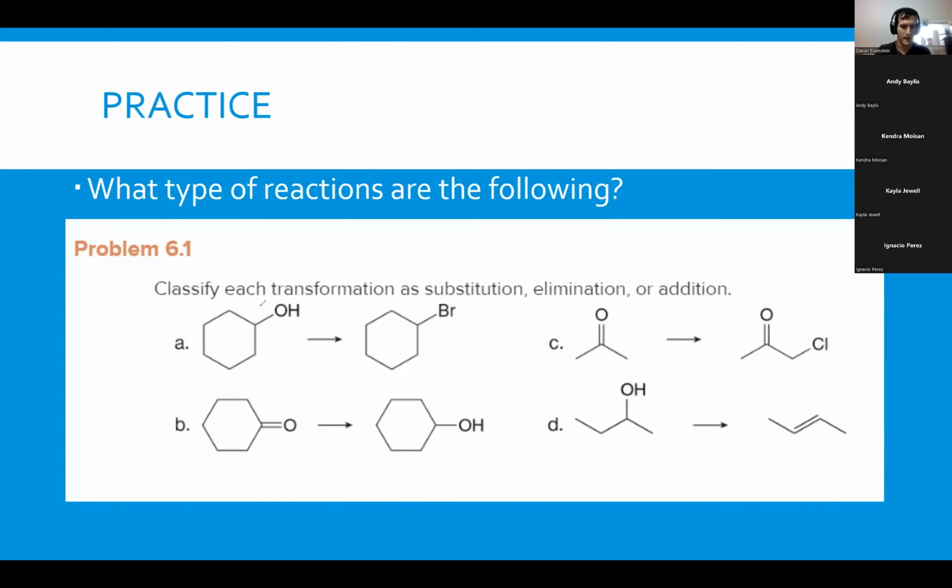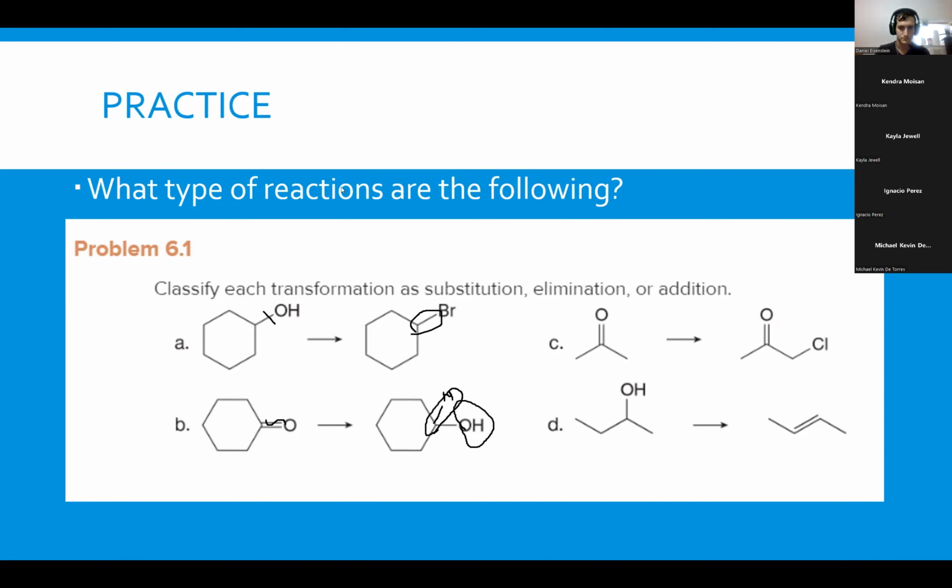So in A, I am breaking this one. Yes, concerted would be like a proton transfer. This is then made. I'm cutting out this carbon-oxygen double bond to add this bond and this bond.